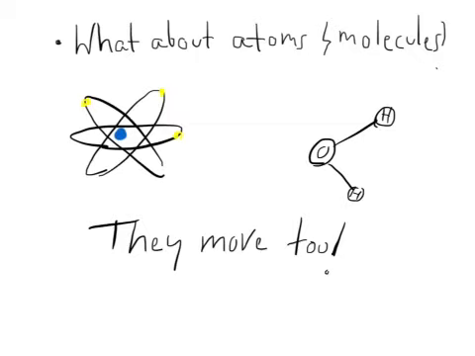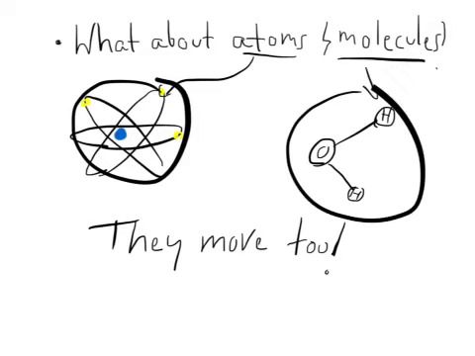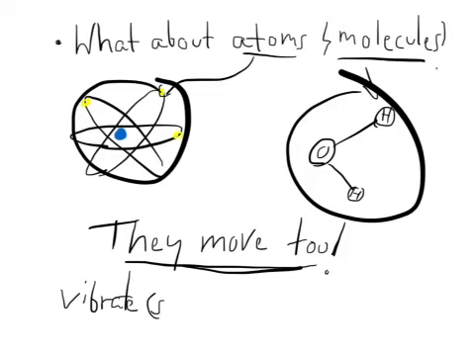So if things that we can see, like bowling balls and rocket ships and all that kind of stuff, have kinetic energy, what about little things that we can't see? So maybe things like atoms, or things like molecules, which are groups of atoms. Do they have kinetic energy? Well, if they move, then yeah, they do. And it turns out that the really little things we can't see do move. And they move a lot. Things like molecules and atoms, they vibrate, or they shake, kind of another way of saying vibrate.